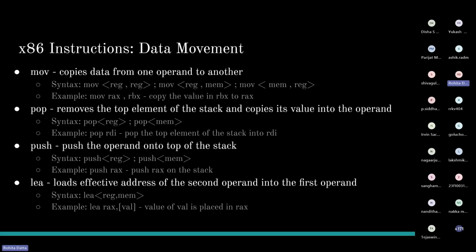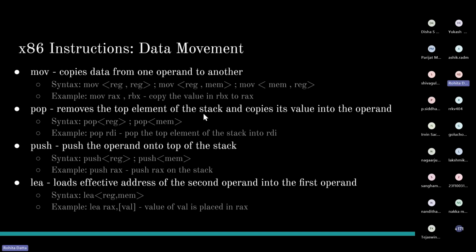And push is the exact opposite. It pushes the operand on top of the stack. So if there's an assembly instruction push rax, it takes whatever data is inside rax and puts it on top of the stack. And because you've just added a new element to the stack, the RSP is now going to point to that new element, which means since the stack grew, the RSP decrements.